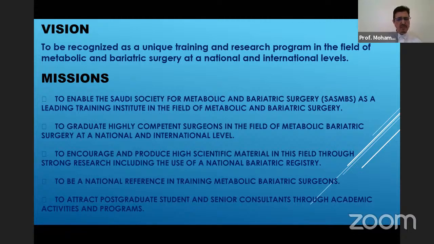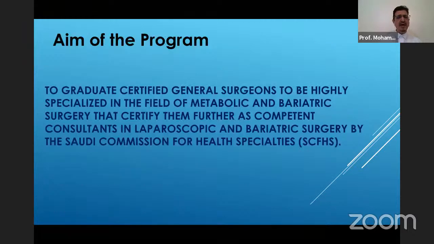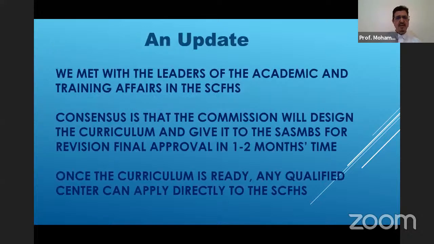To attract also postgraduate students and senior consultants through the academic activities and programs like this wonderful program we are living in. The aim of the program is to graduate certified general surgeons to be highly specialized in the field of metabolic and bariatric surgery, that certify them further as competent consultants in laparoscopic and bariatric surgery by the Saudi Commission for Health Specialties.